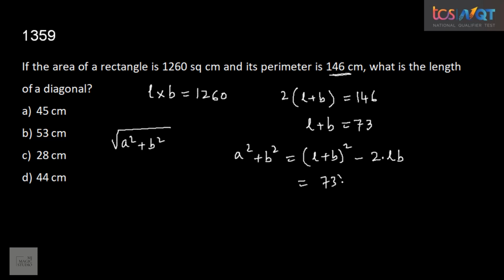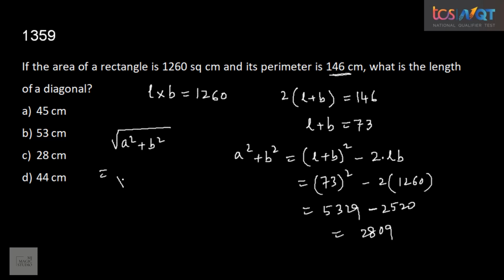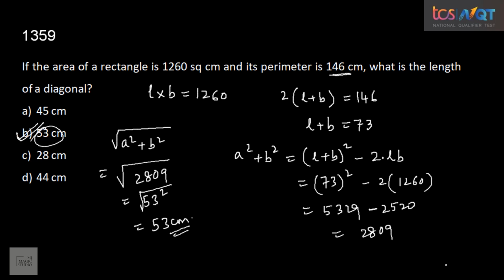So that would be 73 square minus 2 into 1260. 73 square is 5329 minus 2520, that will give us 2809. That means the length of the diagonal is root over 2809, that is 53. Therefore the diagonal length is 53 centimeter, that features in option B.